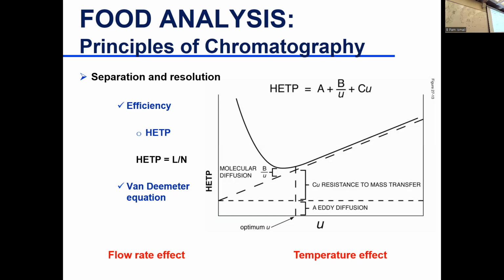So you increase the temperature a little bit, you have lower viscosity of your mobile phase, you have more kinetic energy, you have more movement, you reach equilibrium faster, and then you have better resolution and narrower height equivalent of theoretical plate.